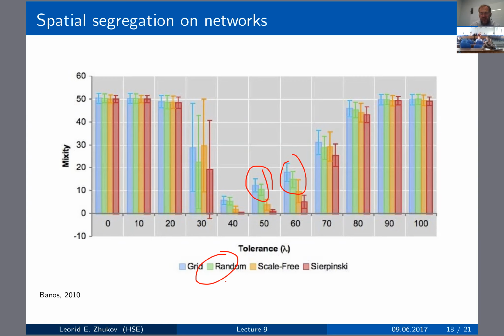But what it tells you is, first of all, that there is a part of the parameter space where people are tolerant as individuals, quite tolerant. But when they act together as a group based on individual preferences, the general group dynamics leads to segregation.